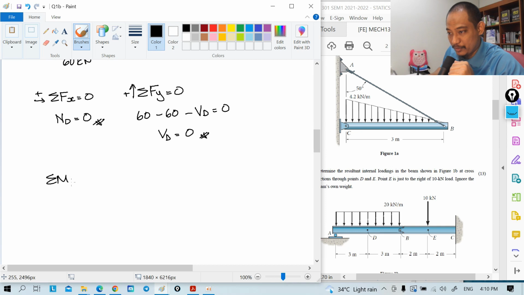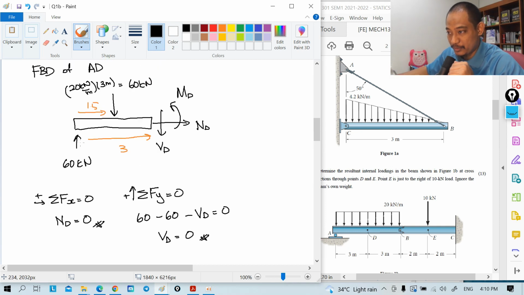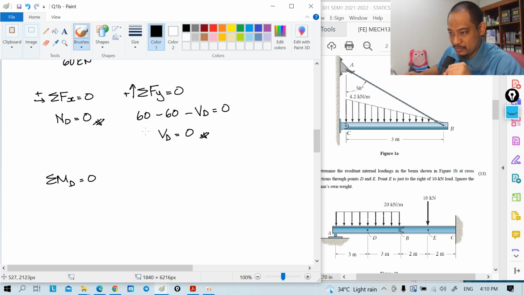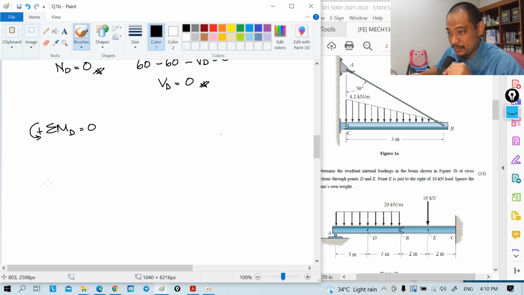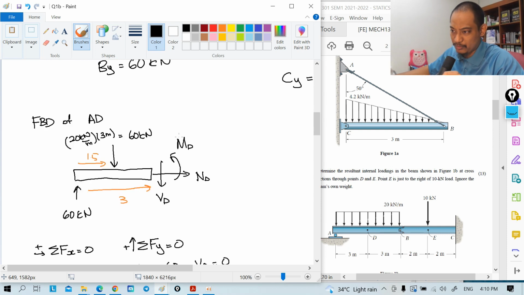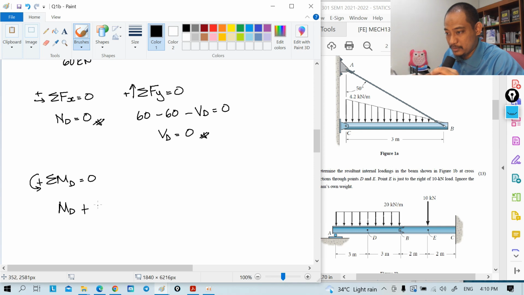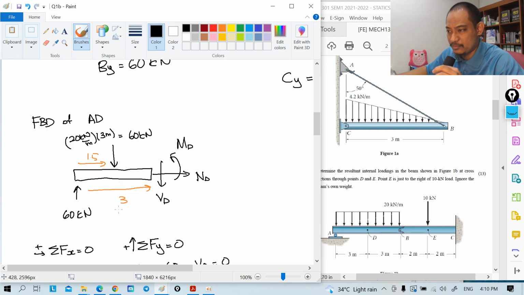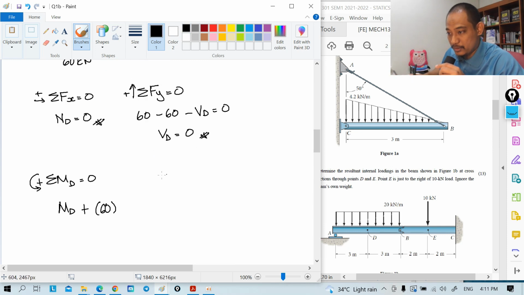Summation of moment about point D equal to 0. Let's take counterclockwise as positive, so you have MD, and then you have 60 going down, also counterclockwise, so plus 60 times the distance of 1.5.